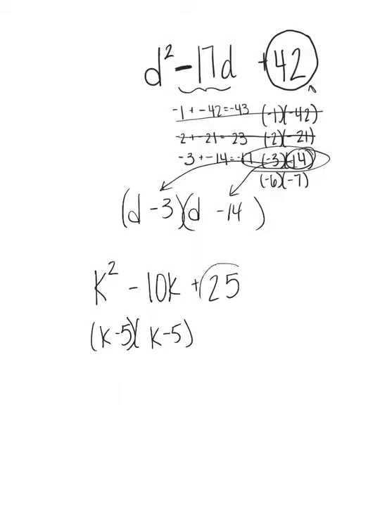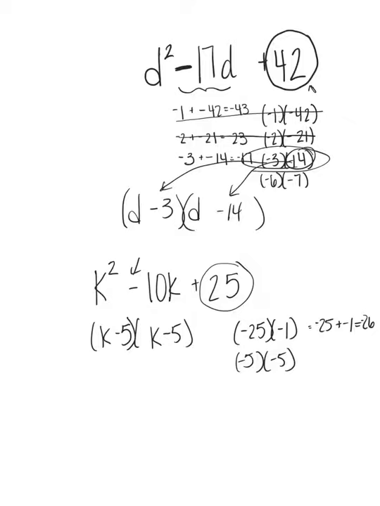Remember that I want to get the factors of my c term, and because this guy's negative, I need to take the negative factors. So negative 25 times negative 1, negative 5 times negative 5. All right, so if I'm looking at this, negative 25 plus negative 1 equals negative 26. Not 10.